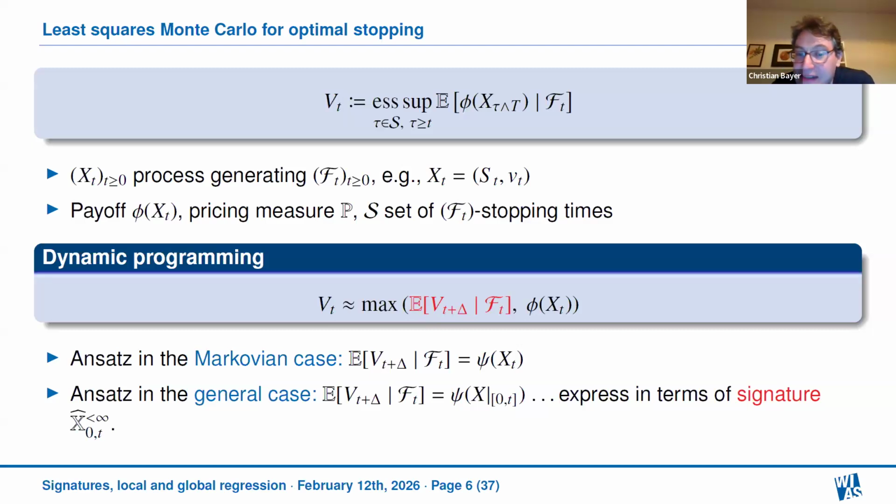So this X_t is the pair S_t and V_t, S_t being the asset price process, and V_t being the variance process. And I want to compute the conditional expectation of the value of the American option in the future, t plus delta, conditioned on the path of this process X up to time t. So this is the situation that we should think of.